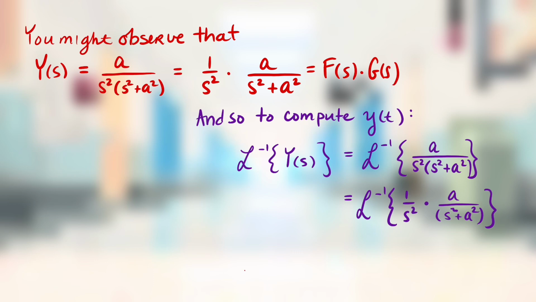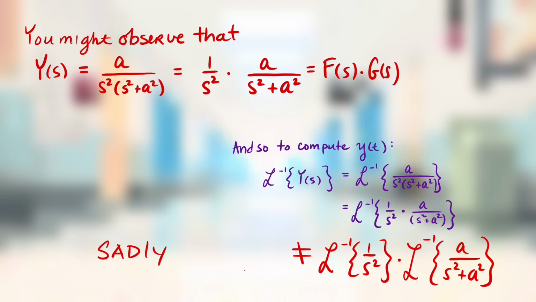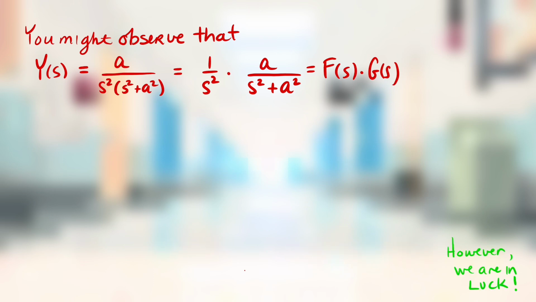So if I took the inverse Laplace transform of both sides of that expression, the right-hand side would have me calculating the inverse Laplace transform of the product of 1 over s squared and a over s squared plus a squared. But we know that that's not going to be equal to the product of the inverse Laplace transforms separately.